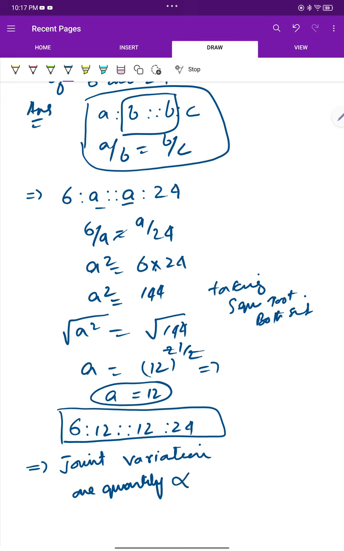One quantity is directly proportional to the product of two or more quantities. Is directly proportional to the product or multiplication of two or more quantities. This is the definition.